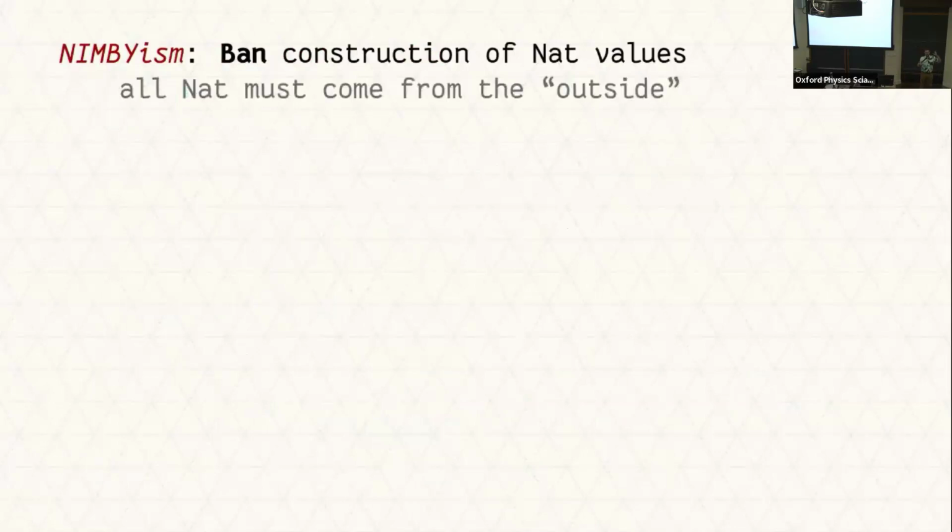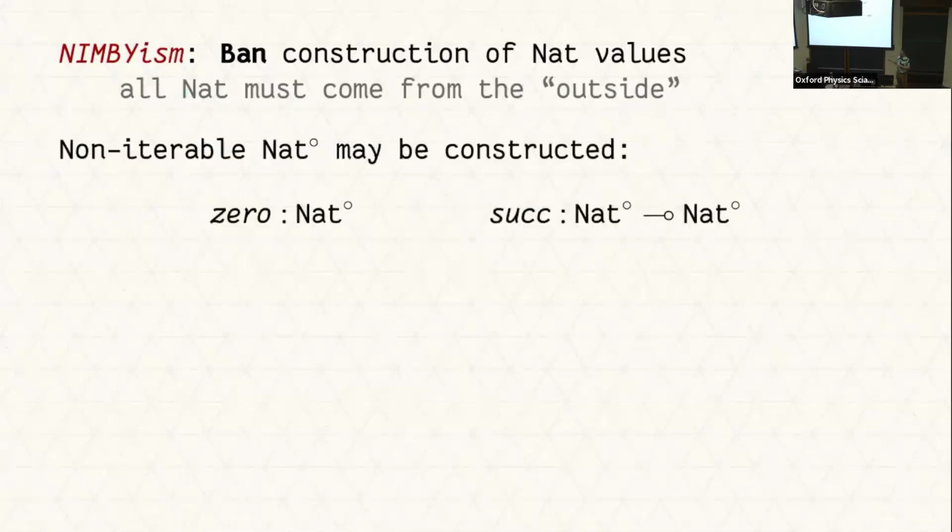We always have an input of type NAT, which is going to be used by the program to drive its computation along. On the other hand, we can construct these non-iterable natural numbers in any other kind of non-iterable type. So we can use that to build our output as large as we like, but we can't construct any of the natural numbers that we can iterate on.